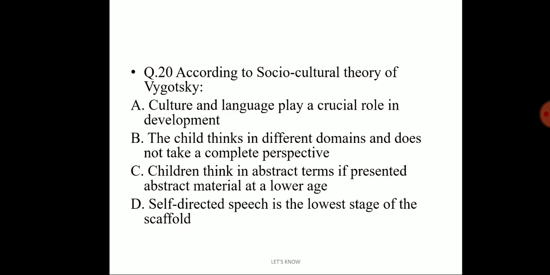According to the socio-cultural theory of Vygotsky, what does he say? Options are given. A, culture and language play a critical role in development. B, child thinks in different domains and does not take a complete perspective. C, children think in abstract terms if presented abstract material at a lower age.